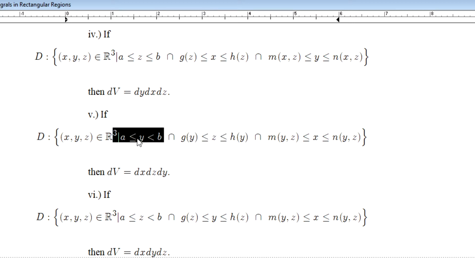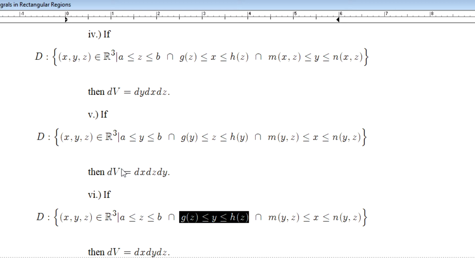Bounded either between constant values of y from a to b, and z values between functions of y, g of y and h of y, or z being bounded between constant values a and b, and y being bounded between these functions of z.